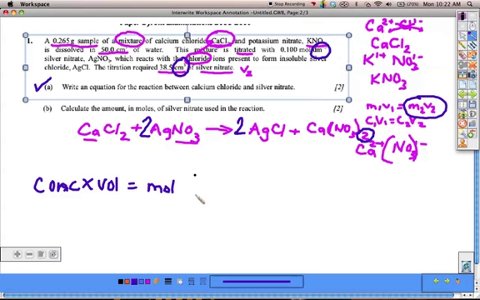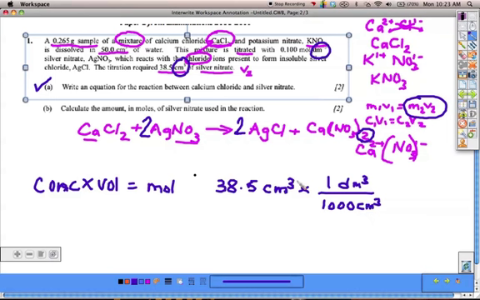So that means I need to convert centimeters cubed to decimeters cubed. So in 38.5 centimeters cubed, I'm going to multiply by 1 decimeter cubed divided by 1,000 centimeters cubed, because that's my conversion factor, and every 1 decimeter cubed, there's 1,000 centimeters cubed.